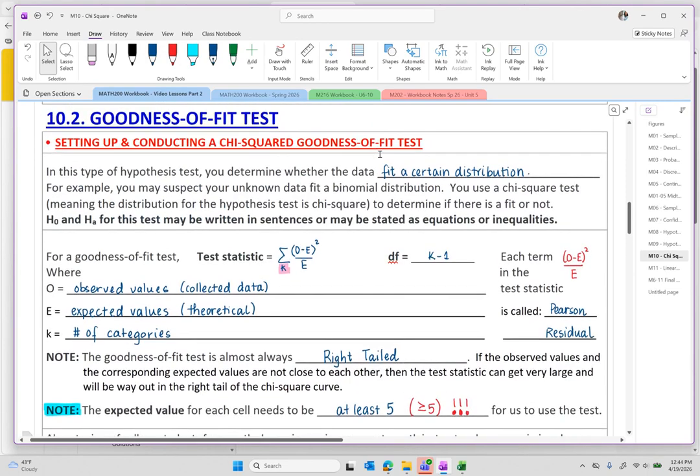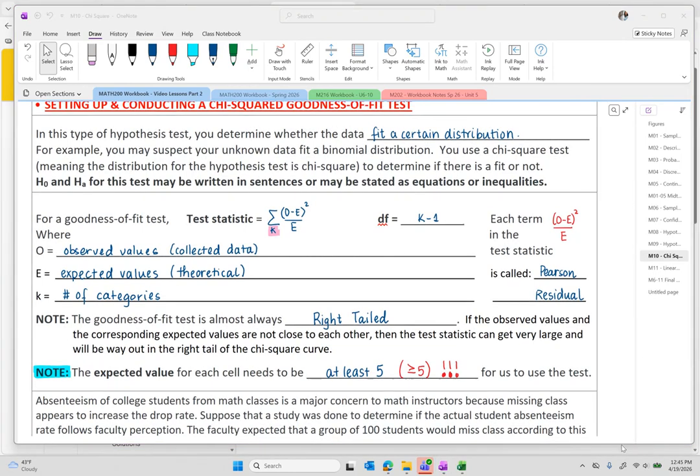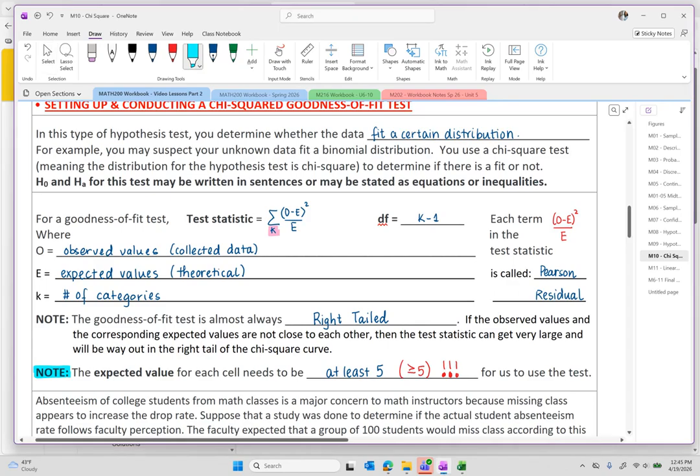The null hypothesis is the assumption that the sample data will actually fit the theoretical distribution. So the null hypothesis will always be that the data will fit a certain distribution, and that distribution is the theoretical distribution for the null hypothesis, and that will be the teacher's distribution.